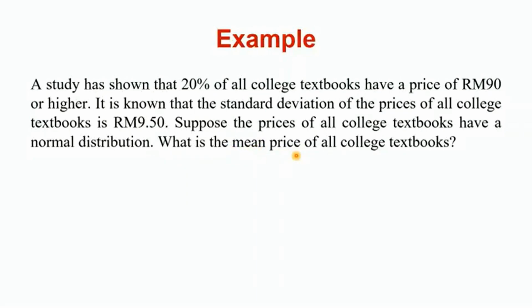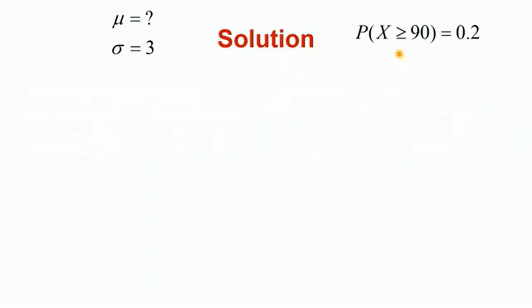How to find the mean? We know the probability of x more than or equal to 90 ringgit is equal to 0.2 or 20%.